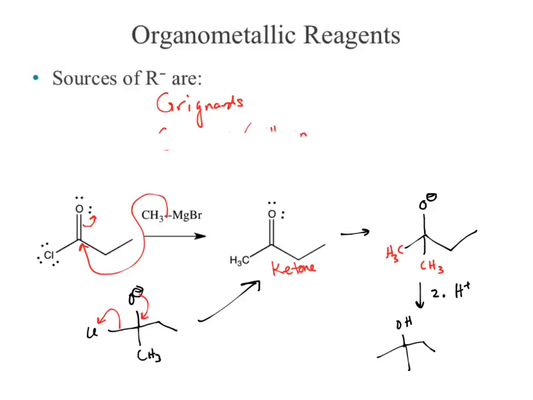I'm actually going to rewrite that a little bit lower. What's the last one? Fair enough, but no Wittigs. The Wittigs will only react with our carbonyls. We didn't spend a whole lot of time on this one because it was very similar to our Grignards. Our organolithium compounds, it's the same kind of idea.